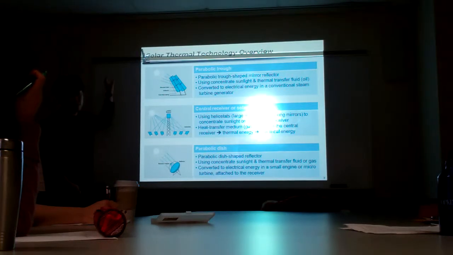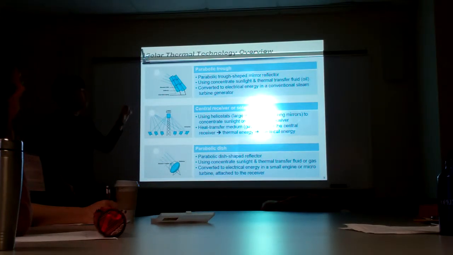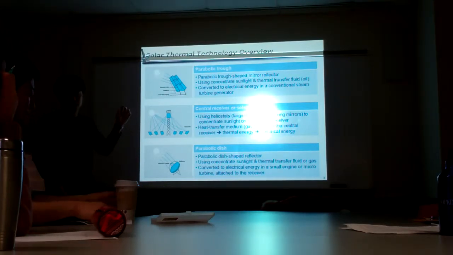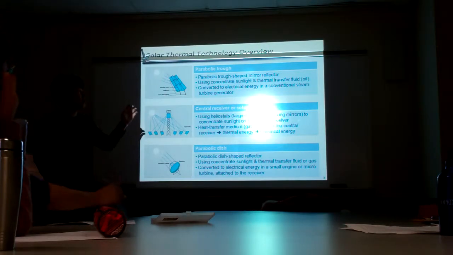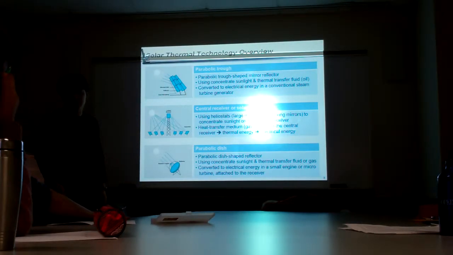They put in the pipeline. Inside the pipeline, they put a special fluid with high conductivity, which means the special fluid can transfer a lot of thermal energy to generate electricity.